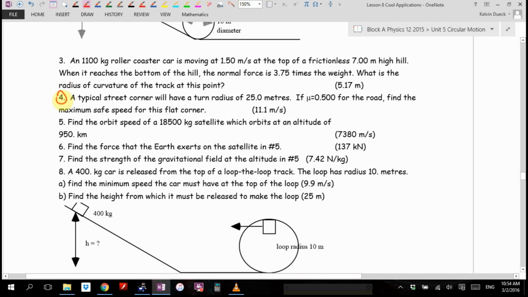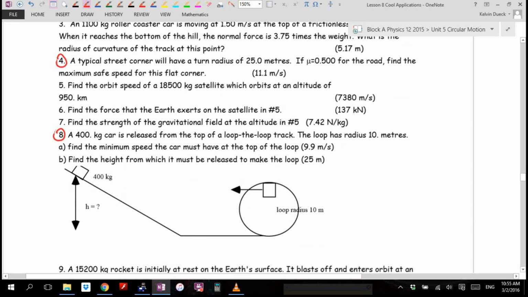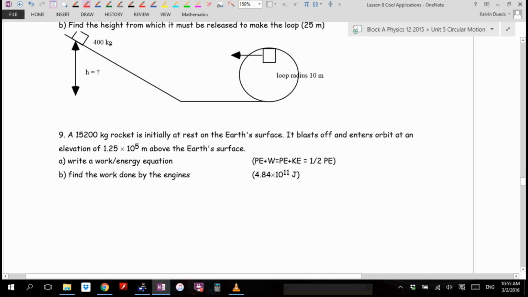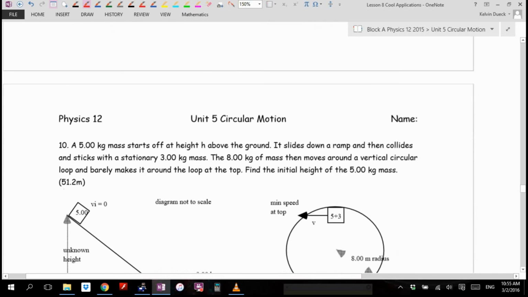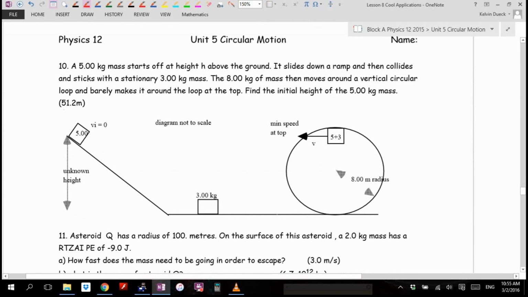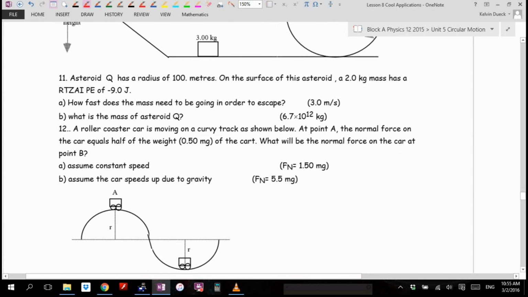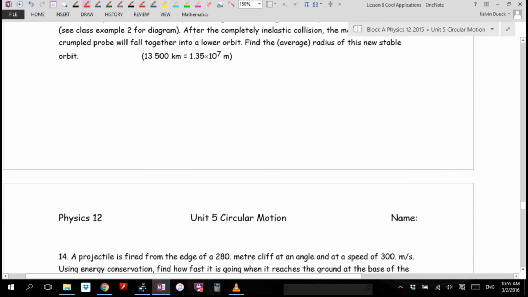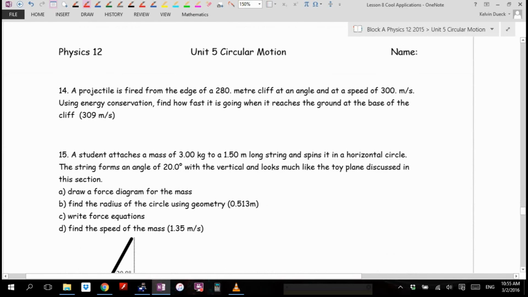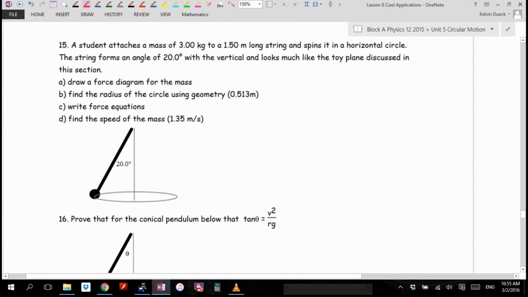4 is good. Eight is good. Cool. Skip. I think I know what I'm looking for here, Mr. Duick.